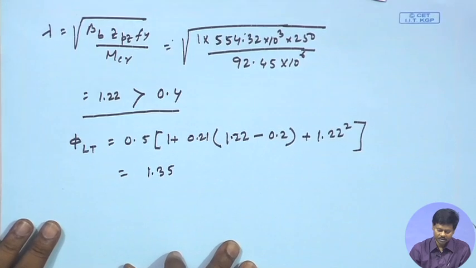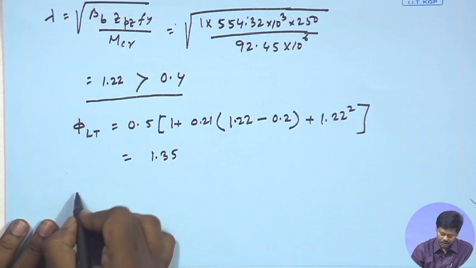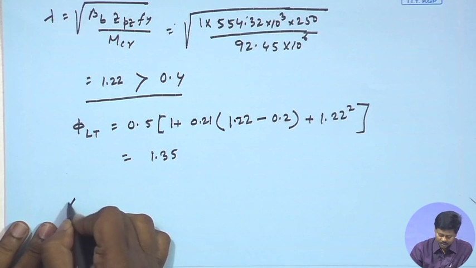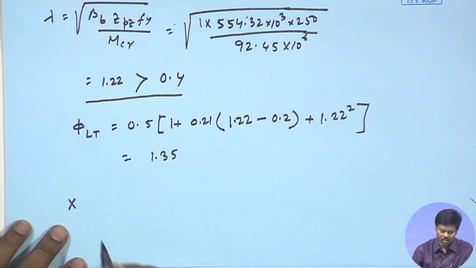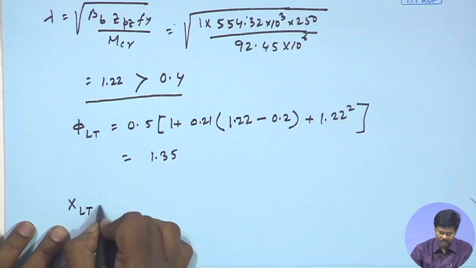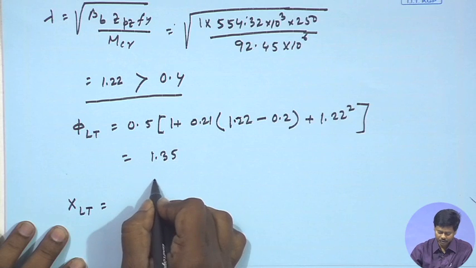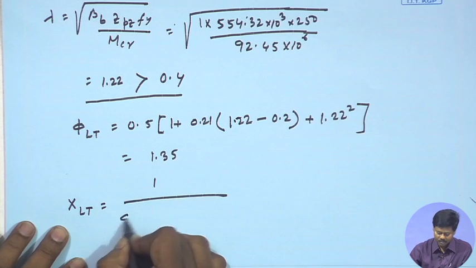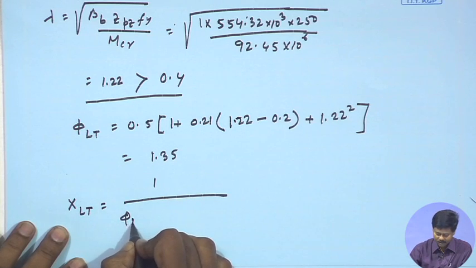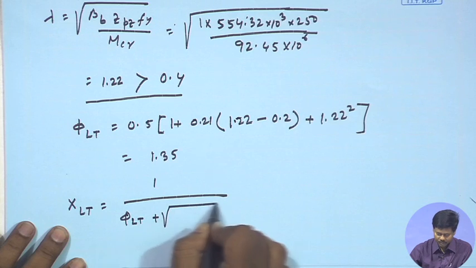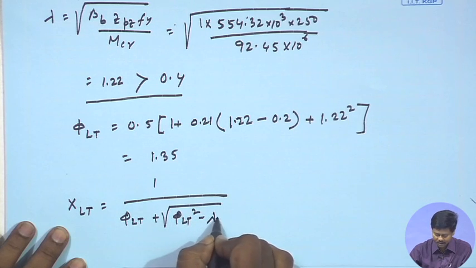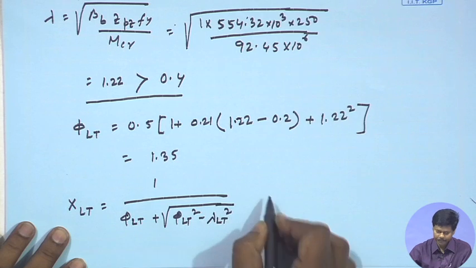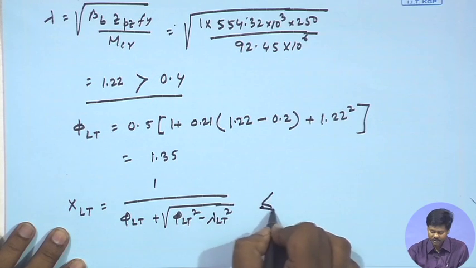Now, the reduction factor due to lateral torsional buckling, the bending reduction factor XLT, we can find. So, we know XLT is 1 by (phi LT plus square root of phi LT square minus lambda LT square), and it has to be less than 1.